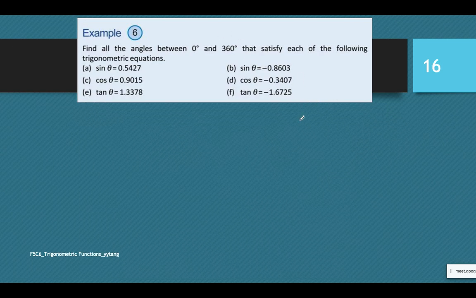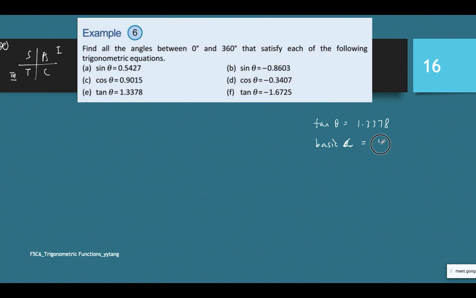Okay, last for E, same also. We start with add sugar to coffee. E. It says tangent positive. Tangent positive is third quadrant and first quadrant. So use tangent 1.3378. Basic angle lah, follow it. So shift tangent.